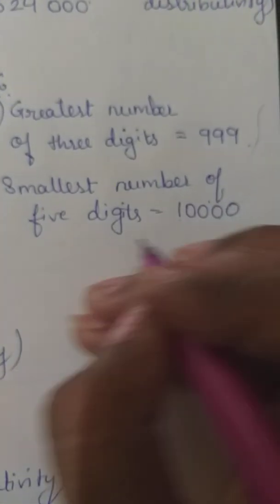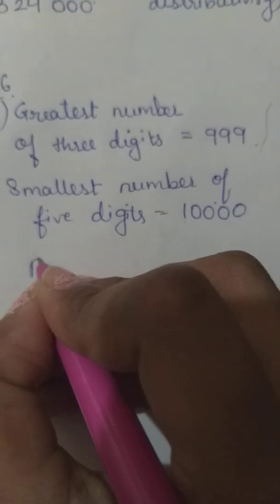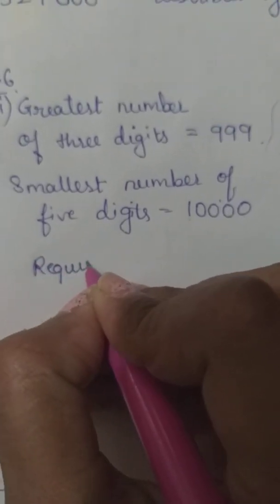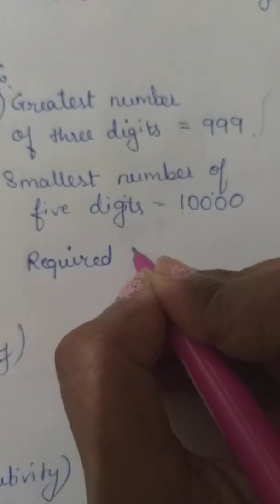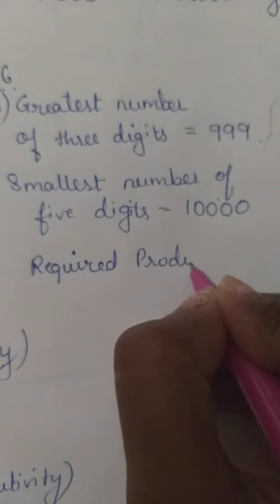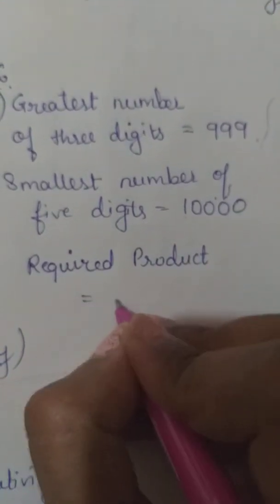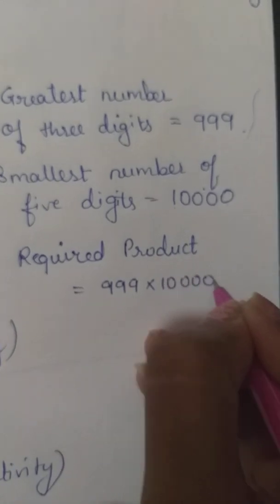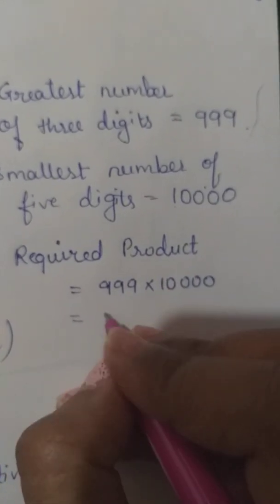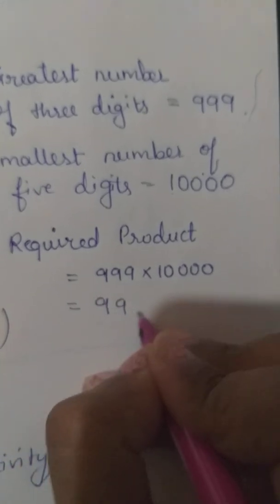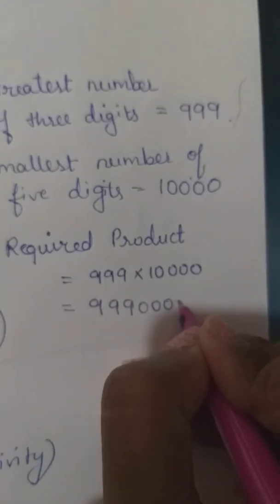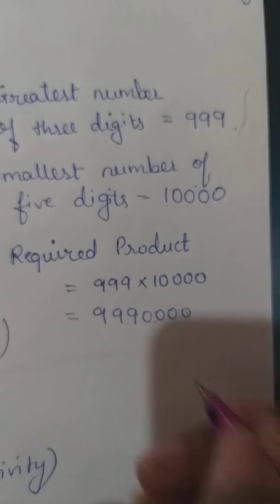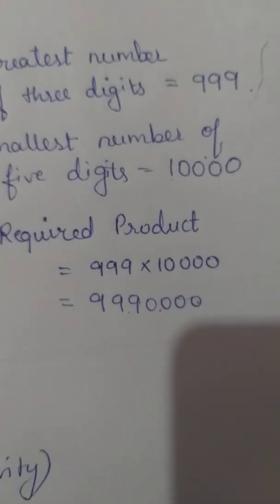Now we have to find the product. So the required product is equal to 999 multiplied by 10,000, we will get 99,90,000.